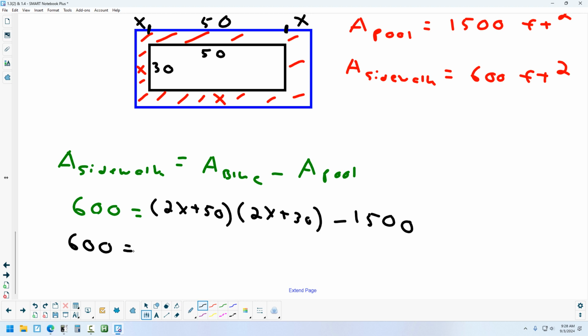Remember we need to FOIL out the length times width. Nick, what's 2x times 2x? 4x squared. And that's going to give me 60x plus 100x, so plus 160x. And 50 times 30 is 1,500.